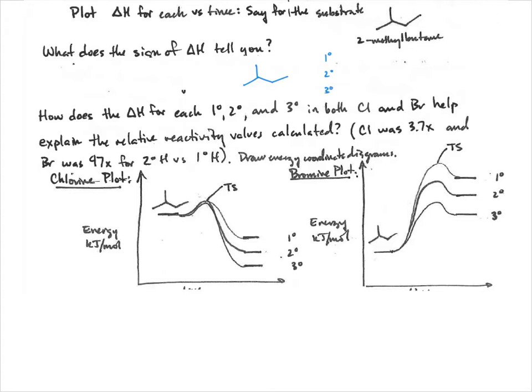So I just wrote a column there, primary, secondary, tertiary. How many primary hydrogens are in 2-methylbutane?